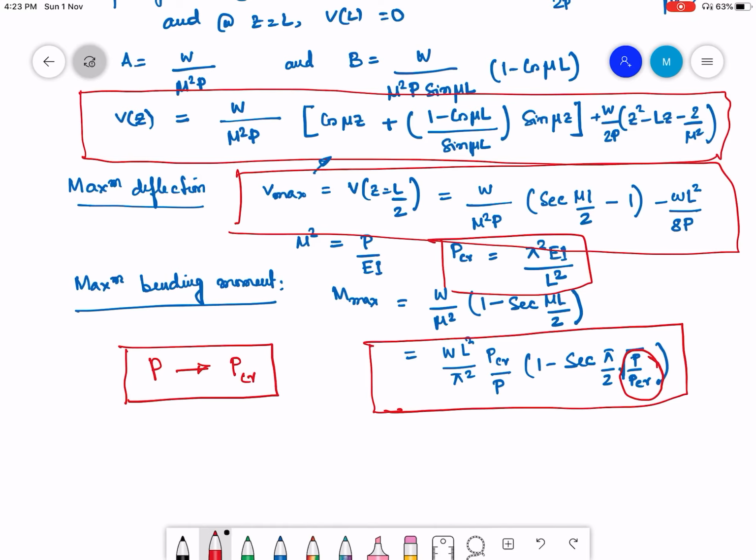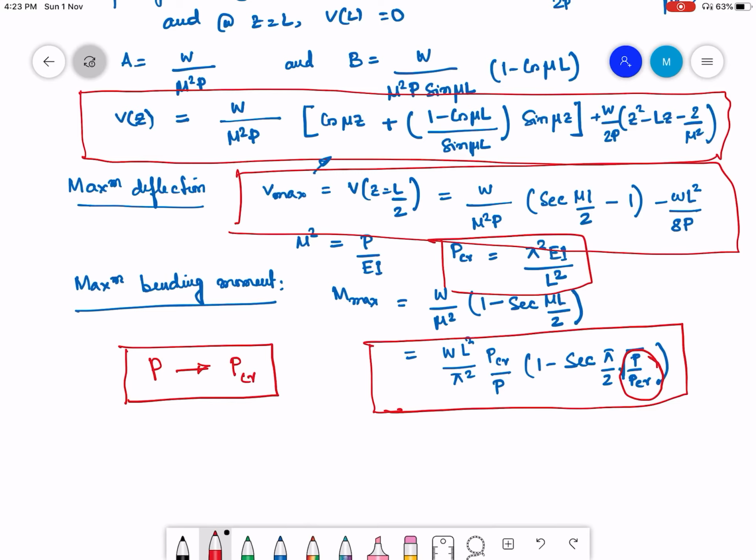So even for a transversely loaded column, even though this is not the situation of a perfect column, we have to make sure that the applied compressive load should be way off from the critical buckling load to avoid large deformation.